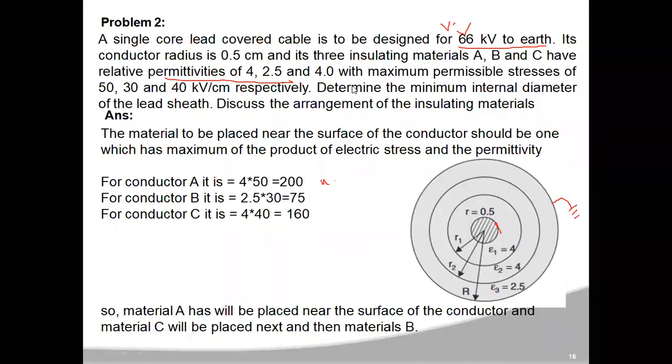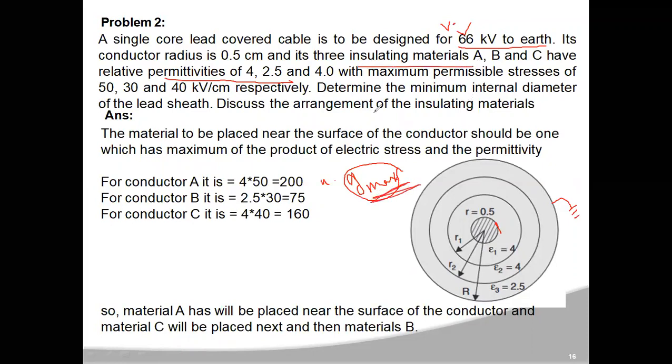Here the condition is different. The maximum permissible stresses in all three layers are different. For the first layer A it is 50, for B it is 30, and for C it is 40. So the Gmax value is not the same for all the layers; for each insulating material Gmax is different.